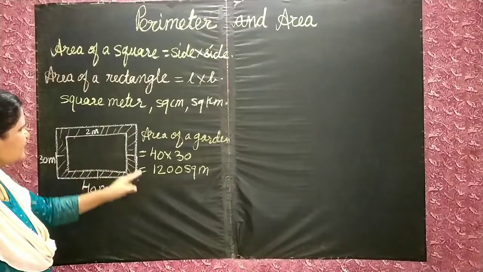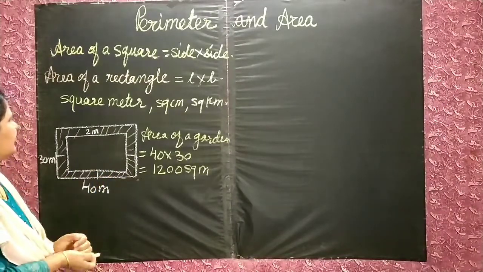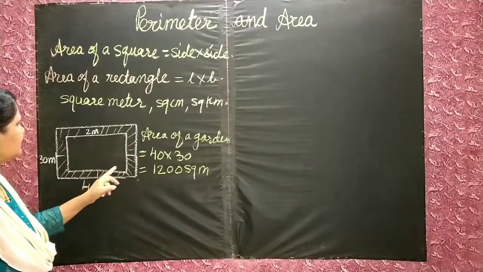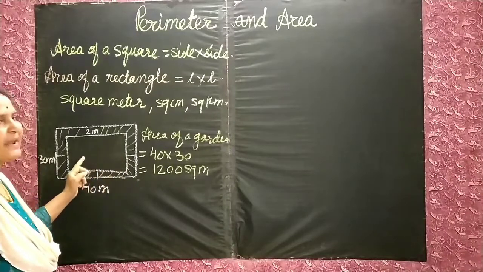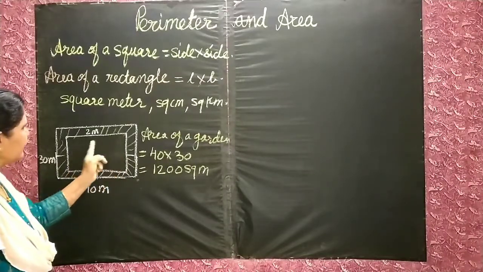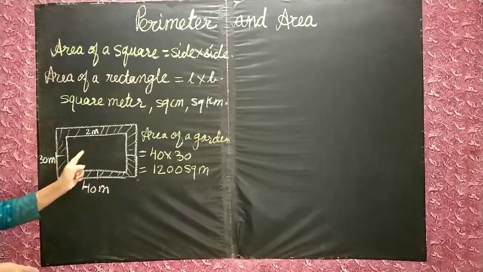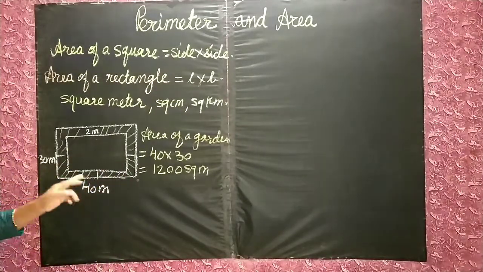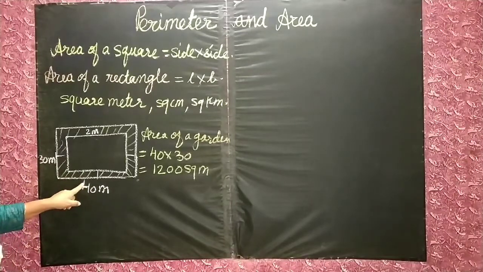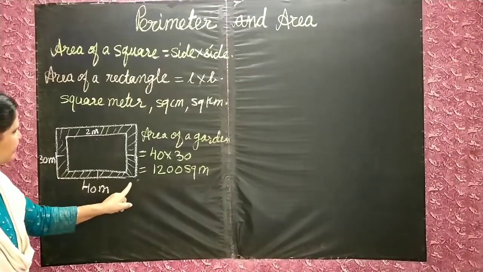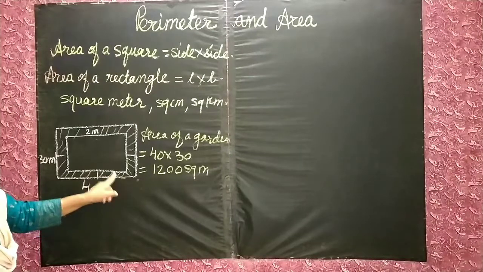Got it? Now secondly, we'll find the area of this portion which is not paved, which is not going to be paved inside this area. We are going to find out what is the length of this area. Now see here children, see carefully. This length is how much? 40.